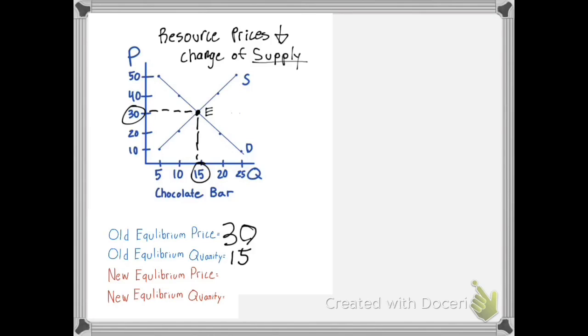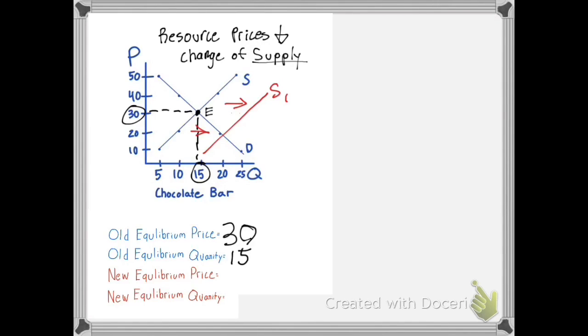This would shift the supply line to the right. So shift it to the right, right here. And this is the new supply line, and with the new supply line, we also get a new equilibrium point.